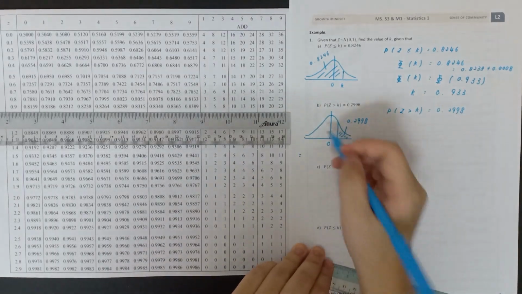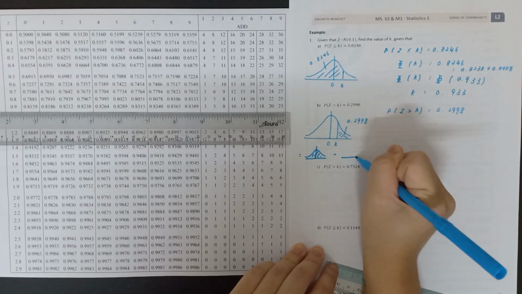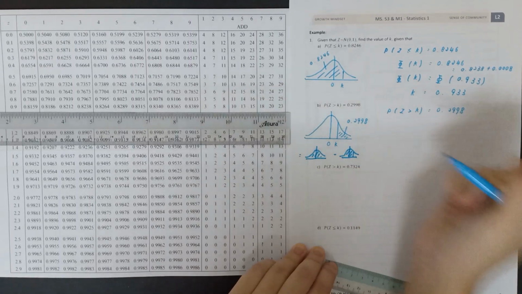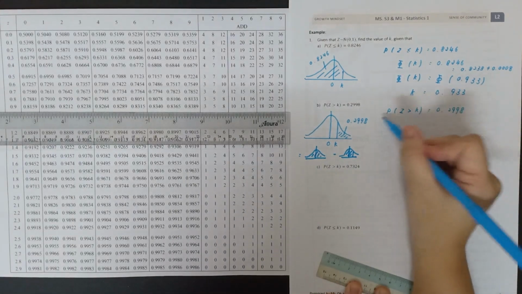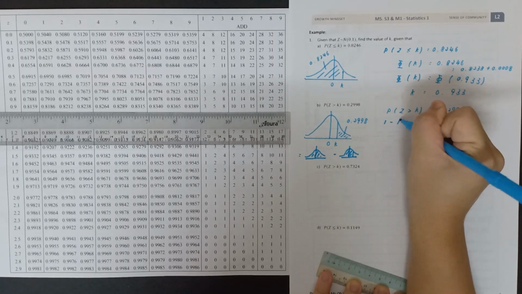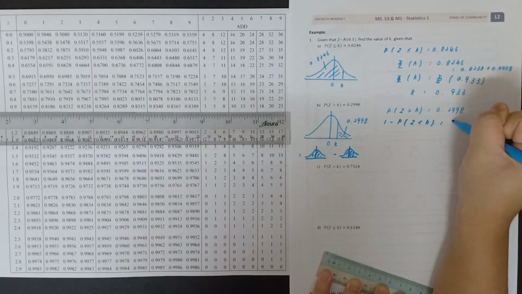For you to find this, you need to find the total, then minus the part that is less than, then only you can find the more than. So you need to use this idea here also. So probability for z greater than k is equals to 1 minus probability z smaller than k. Then only you can proceed.